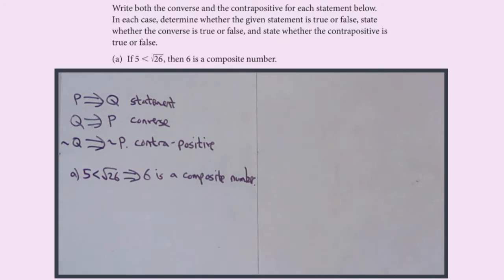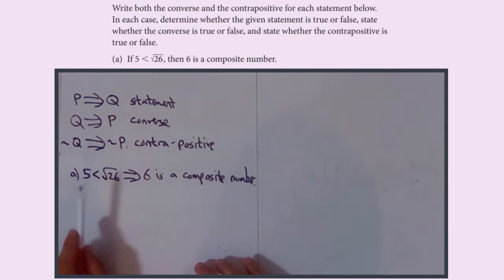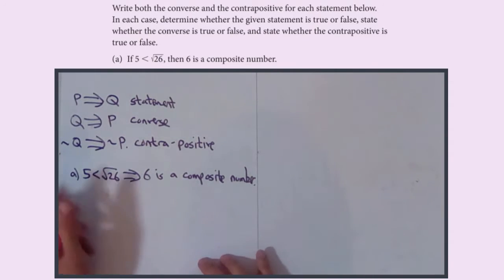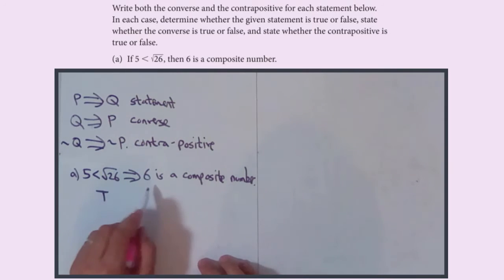Okay, and then we need to decide if the implication is true. So is 5 less than root 26? Well, root 25 is 5, so this is true. And is 6 a composite number?